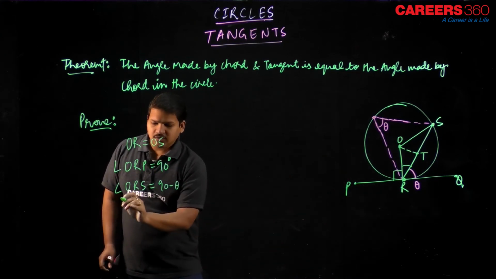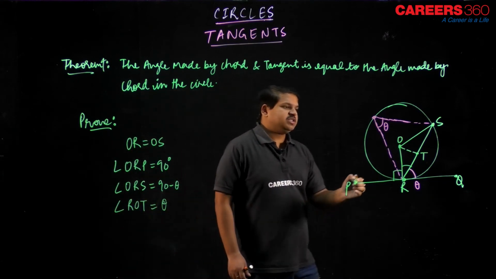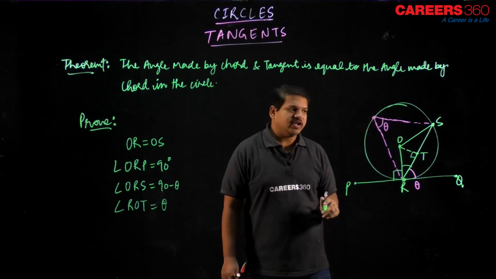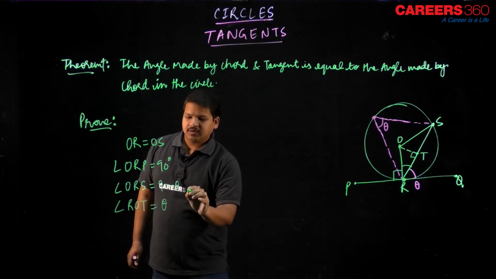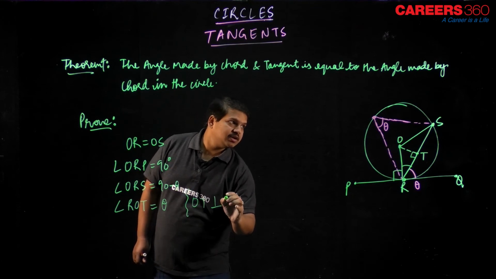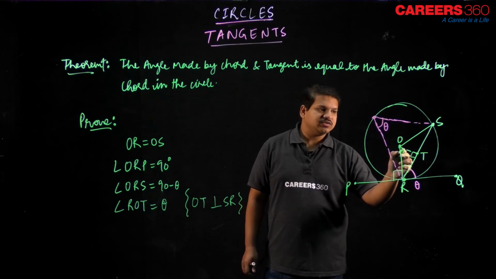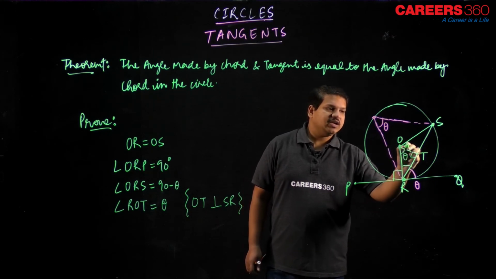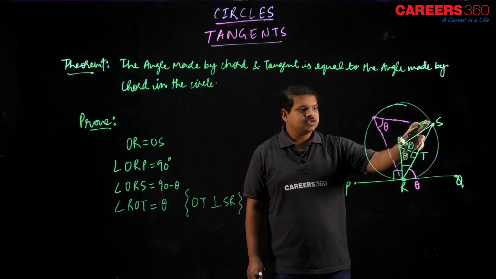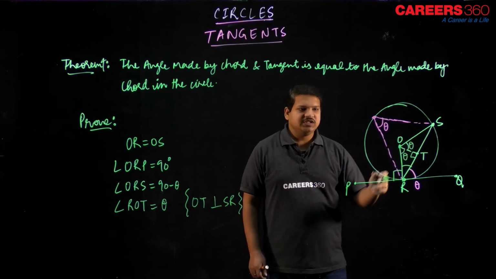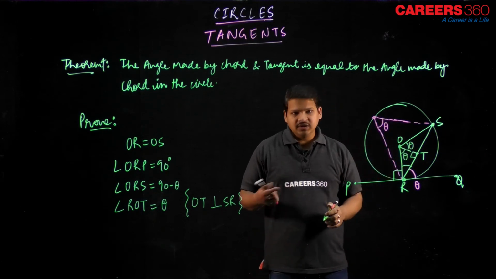So if I talk about angle ROT, this angle will be theta, because this is already 90 degrees. What I have done is I have dropped a perpendicular. OT is perpendicular to SR, right? So this is 90 degrees and this is 90 minus theta, so this has to be theta, and this will also be theta, because these two triangles are congruent. OR is equal to OS, this is common, and this is 90, so obviously these two triangles will be congruent. And if this complete angle is 2 theta, then this angle will be theta only.